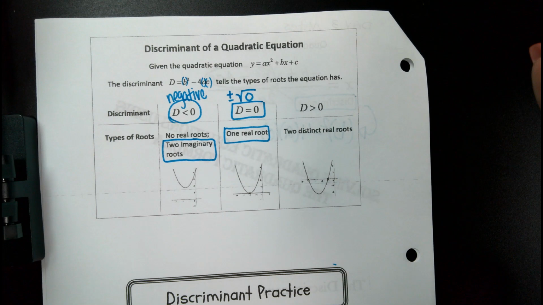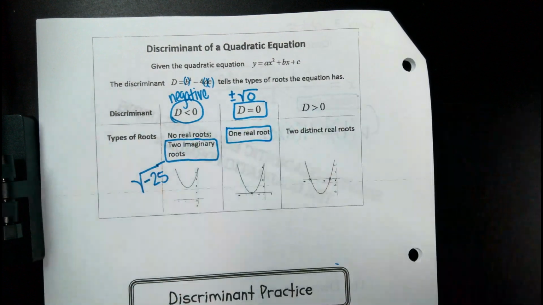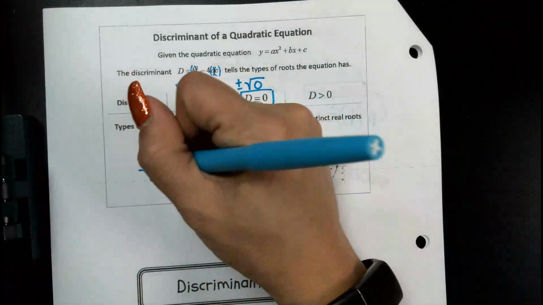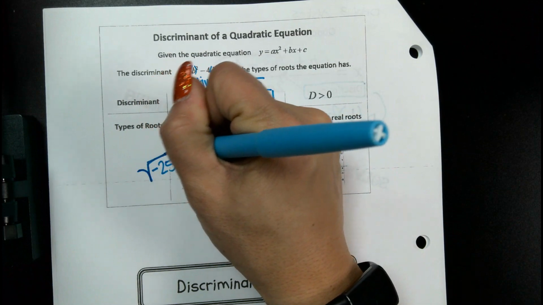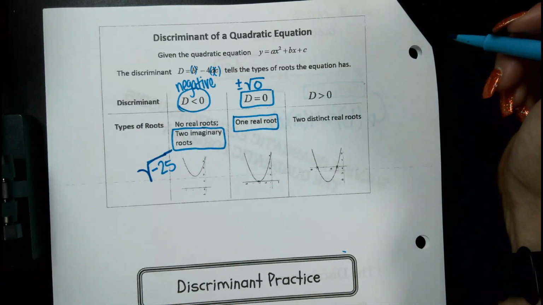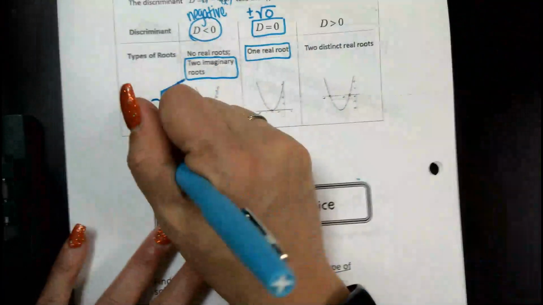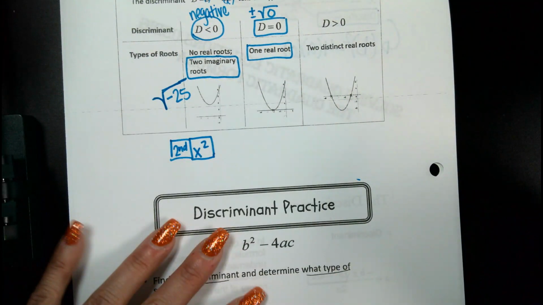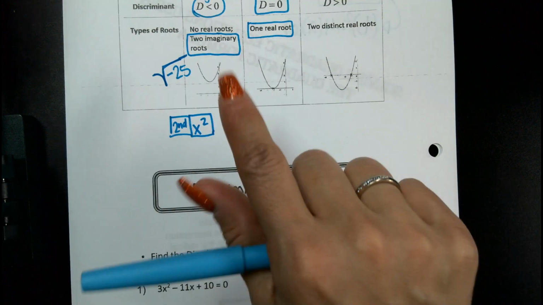Now, if the number under the radical is negative, like let's just say negative 25, pick up your calculators. I don't know if you guys know how to type in square roots, but it's the second button. Second x squared. Type in that, a radical pops up, and then type in negative 25.